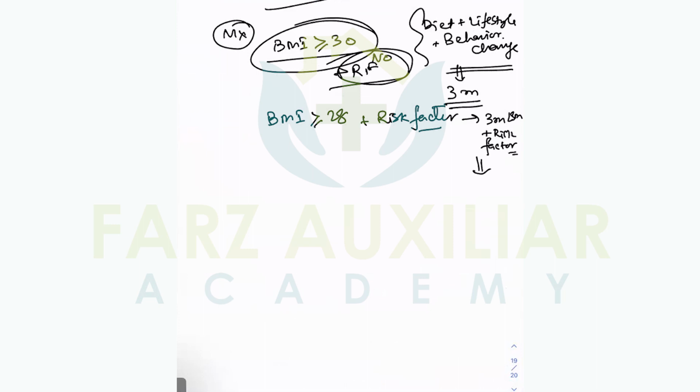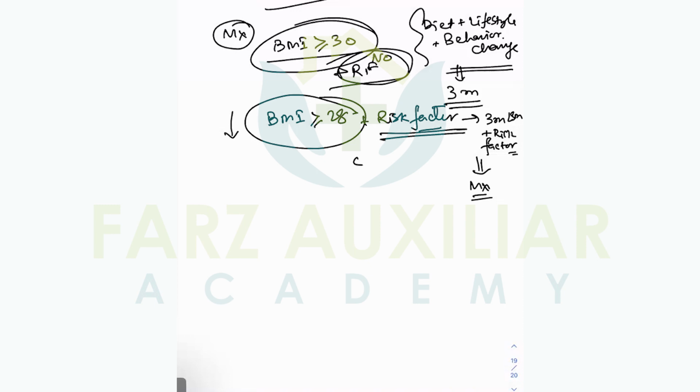If not working, then we will start the medicine. In neither of these two conditions do we start medicine from day one. So what's the difference, you might ask? In both cases, we are waiting 3 months with other non-pharmacological ways. The only difference is the threshold comes down if a risk factor is present.